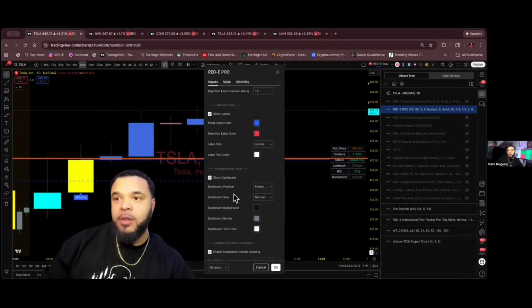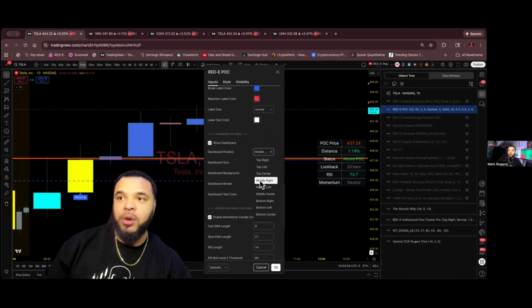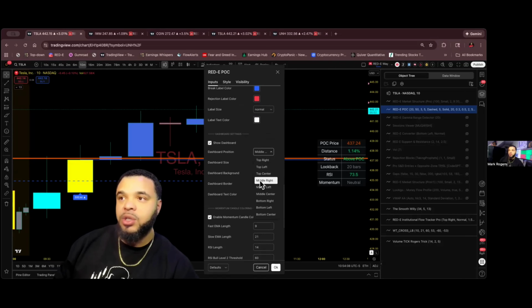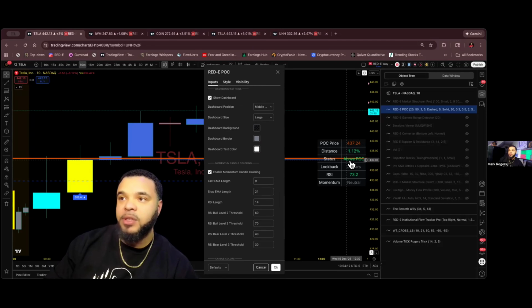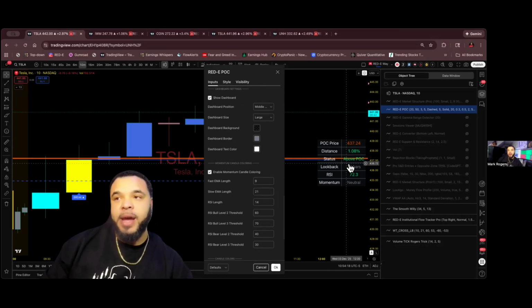Okay. The dashboard, which is over here to the right, you can adjust the size of it. I think it's really cool to put it in the middle right, especially if you're using Red E Market Structure. The cool thing about this one is it tells you if it's above the point of control, which of course tells us we need to be in calls. It looks back 20 bars, so 20 candles back.